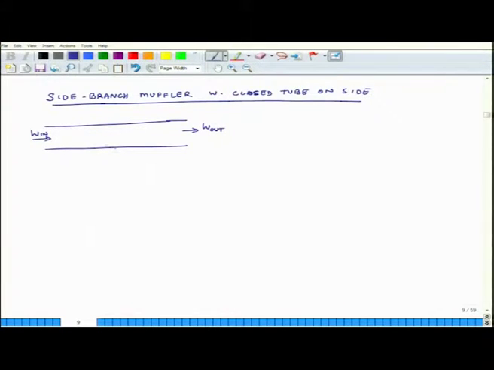So, what you do is that you have this tube and then you put a tube here, just a long tube, and the diameter of this tube could be 2A.